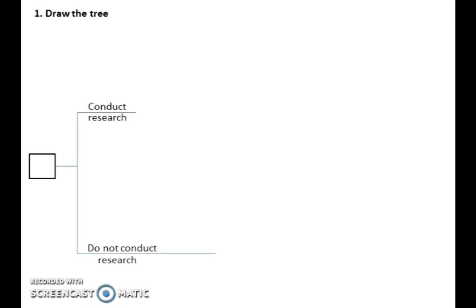Conducting research has a cost, so write the cost of the research at the conduct research branch. The research will produce a result, so draw a state of nature node at the branch. The result of the research will be either positive or negative. So draw two branches from the state of nature node, one for positive and one for negative.